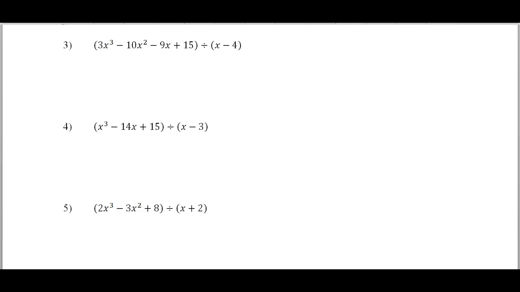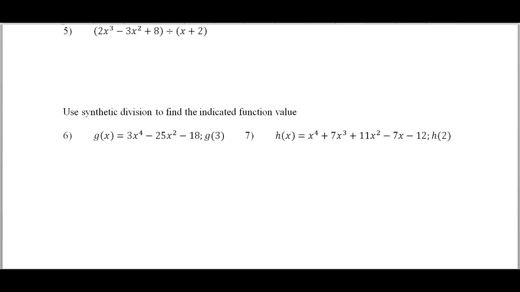Okay, so for our final 2 problems, synthetic division actually has another use besides division. It's useful for substitution. Now granted, what we would normally do here is plug the 3 into each of these locations to evaluate what my answer is for g of x, just plugging in 3 times 3 to the fourth and negative 25 times 3 squared.